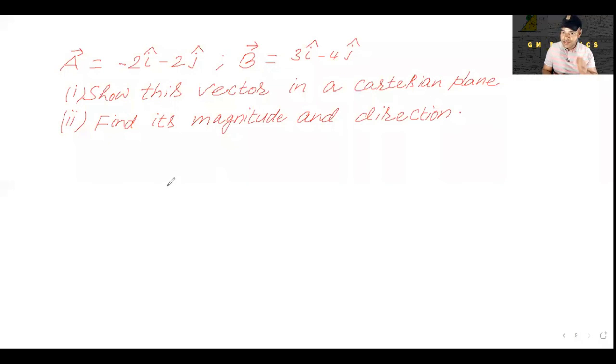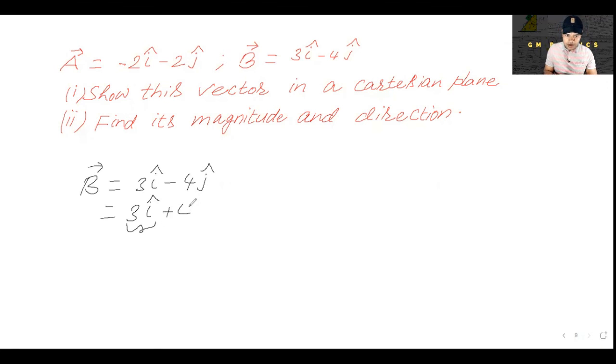Now let's represent the second vector. All right, so the second vector, b vector, is 3i minus 4j. Again, write it more clearly. This is x component, which is of 3 units and along positive x-axis, because it is plus i cap.